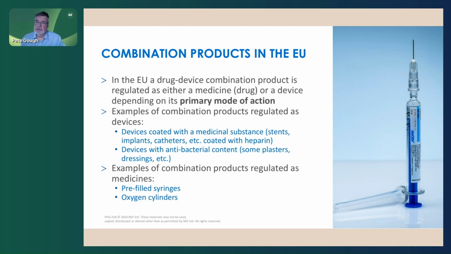It holds an artery or a vein open, and the drug is secondary, it's ancillary, just to stop calcification in the body. An example of a combination product that's regulated as a medicine would be something like a pre-filled syringe, as illustrated in the picture, or an oxygen cylinder. So it's all down to what is the primary mode of action of that combination.